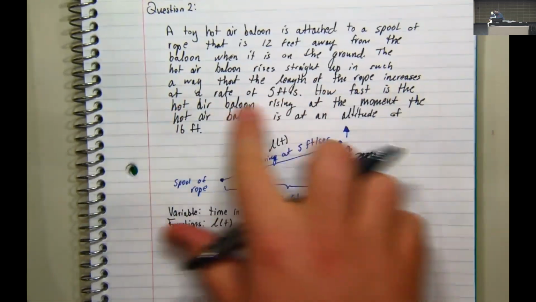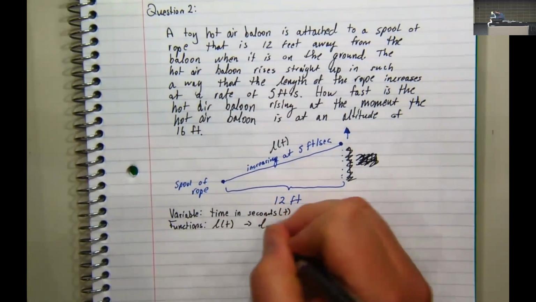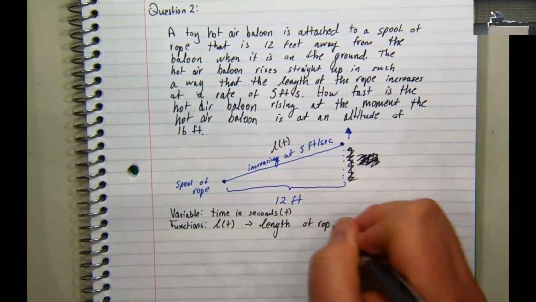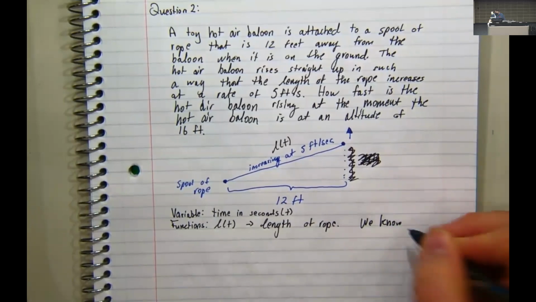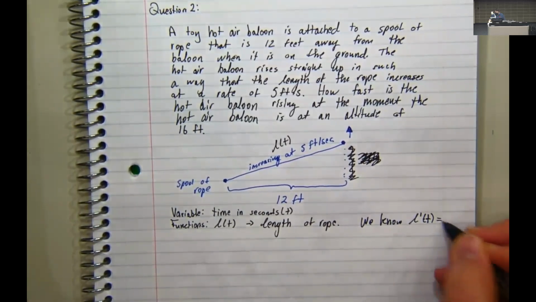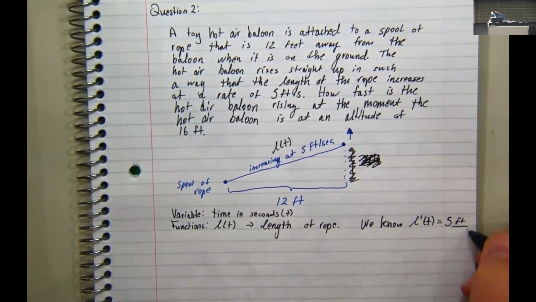The length of the rope is increasing at a rate of 5 feet per second. So we know from the question that L prime at t is equal to 5 feet per second.